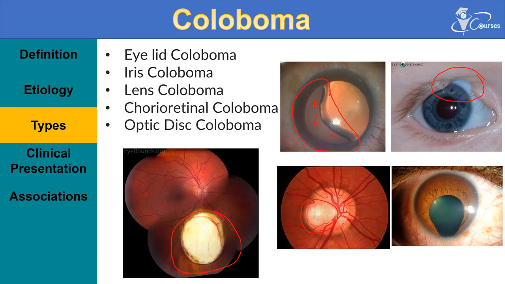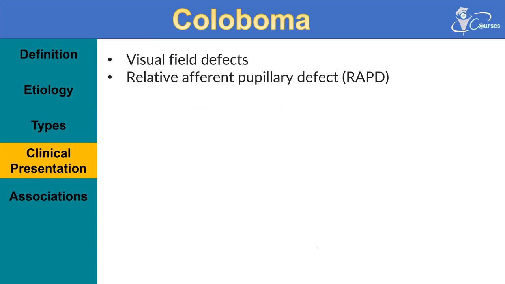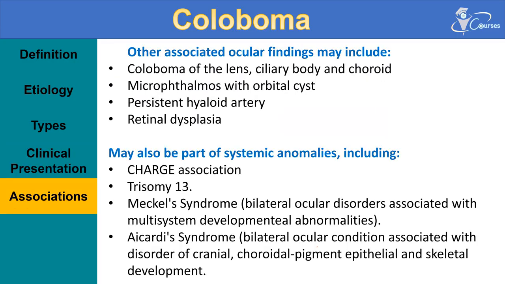Clinical presentation depends on which type of coloboma. If we are talking about chorioretinal colobomas or optic disc colobomas, which are more concerned with vision, they will present with visual field defects and a relative afferent pupillary defect. And there are important associations of colobomas that you need to know, for ocular findings or systemic findings.